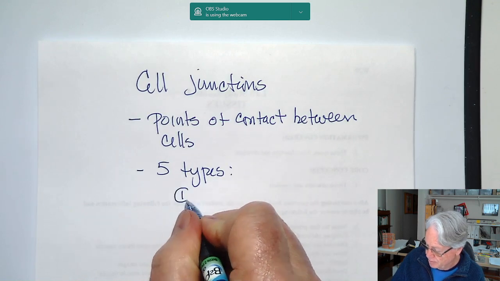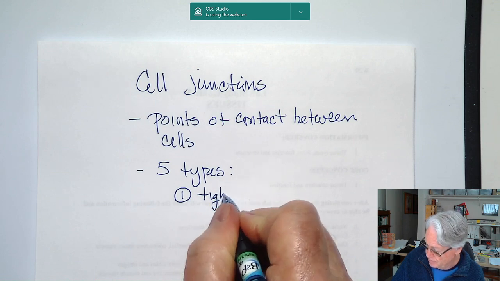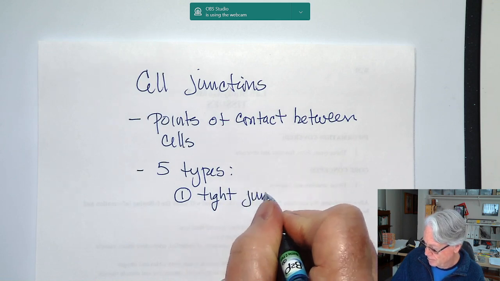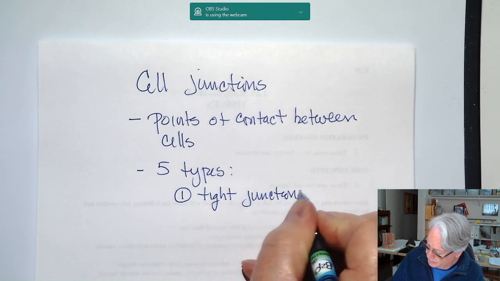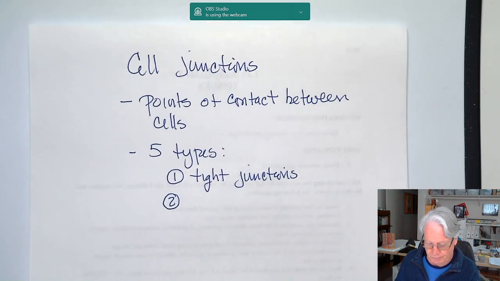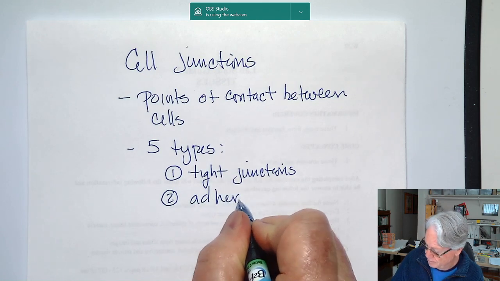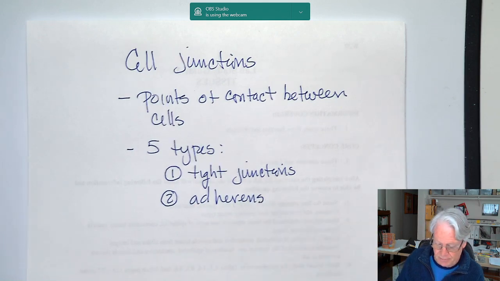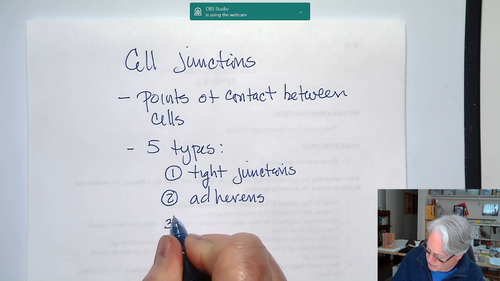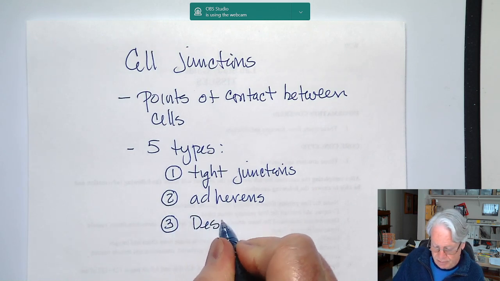Number 1 are so-called tight junctions. Number 2, adherens. Number 3, desmosomes.